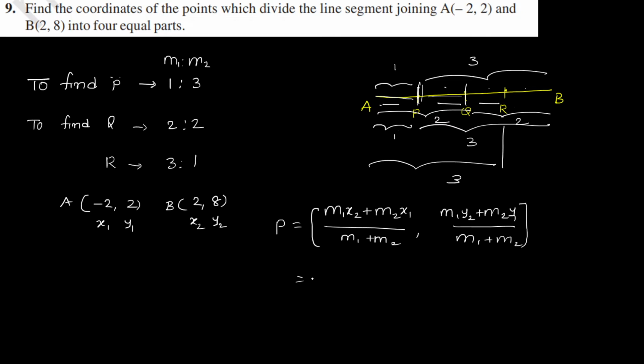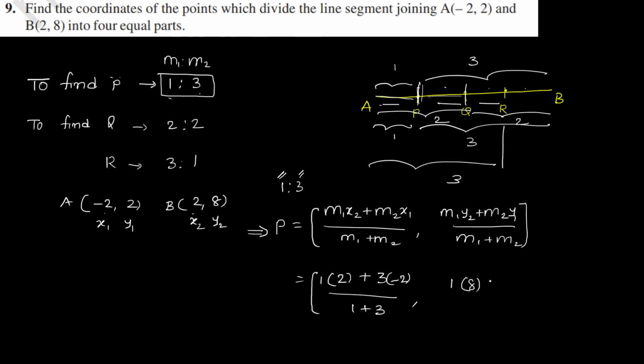So that means m1 is 1 into x2, which is 2, plus m2, which is 3. First we are considering the 1:3 ratio, because since we are finding P, the ratio should be 1:3. Therefore m1 is 1, m2 is 3, and x1 is -2, by 1 plus 3, comma, 1 into y2, which is 8, plus m2 which is 3, y1 is 2, by 1 plus 3.